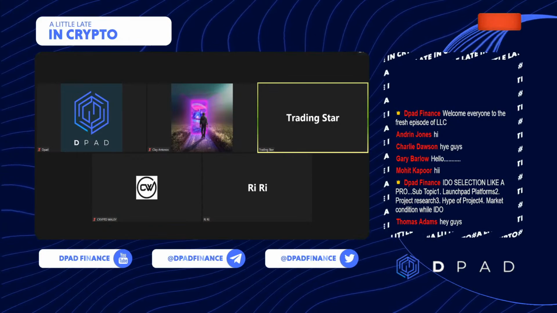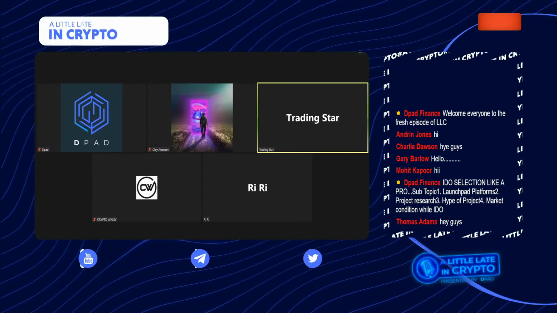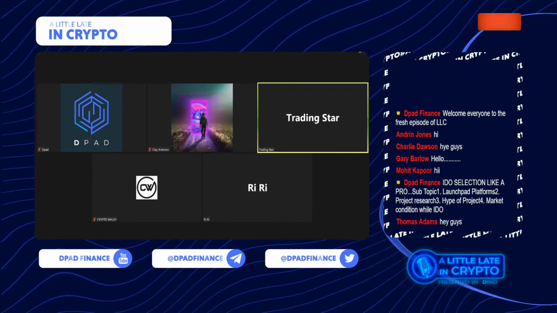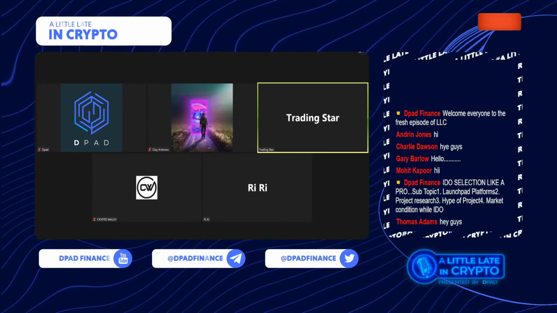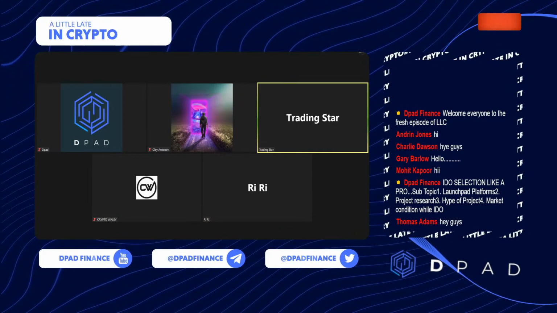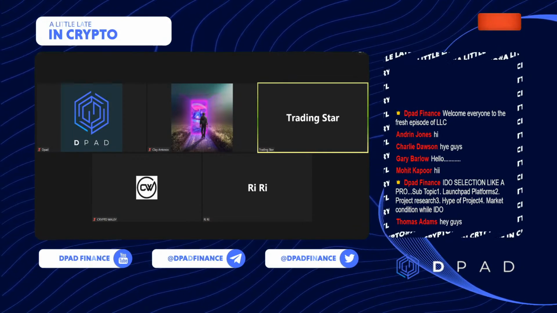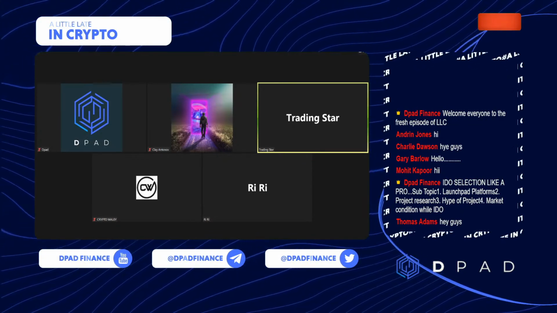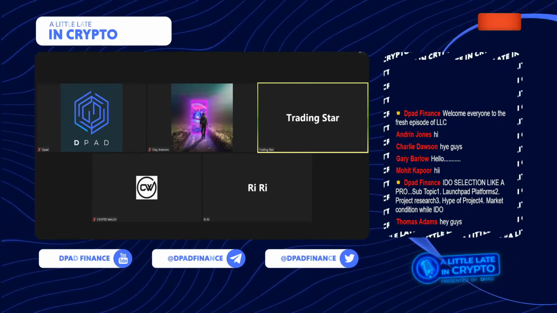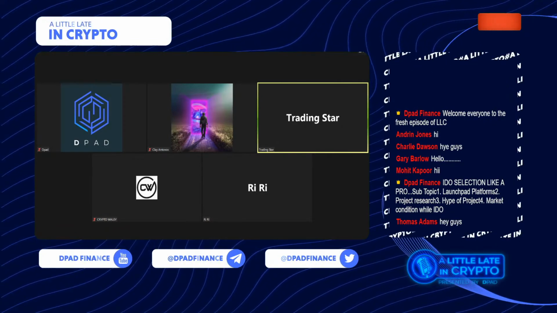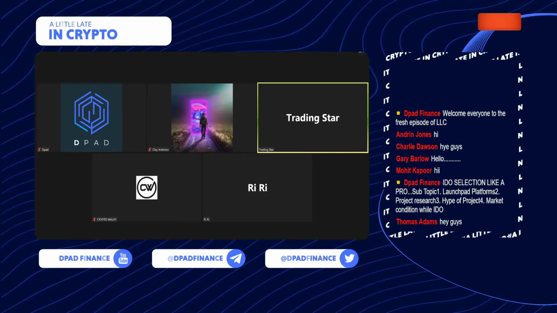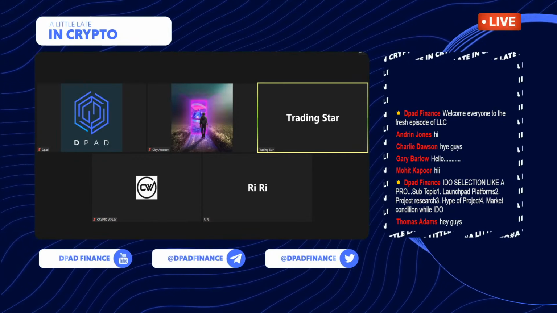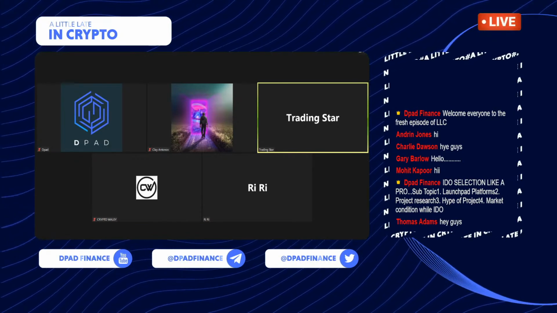This is just one factor. The second factor, which is very common, is the frequency of IDOs happening on that particular launchpad. If the frequency is like one or two in a month, you probably need to worry about the price volatility of that particular launchpad token. After an IDO, the launchpad token's price will collapse or sometimes maintain.